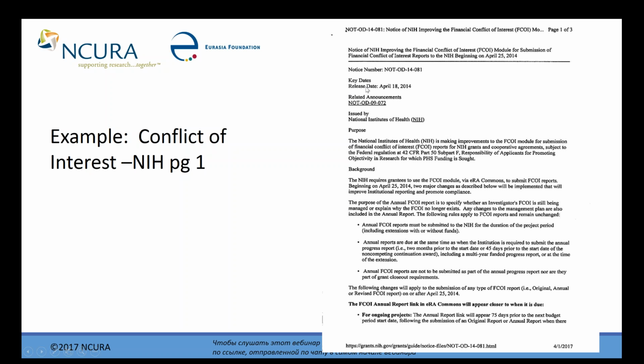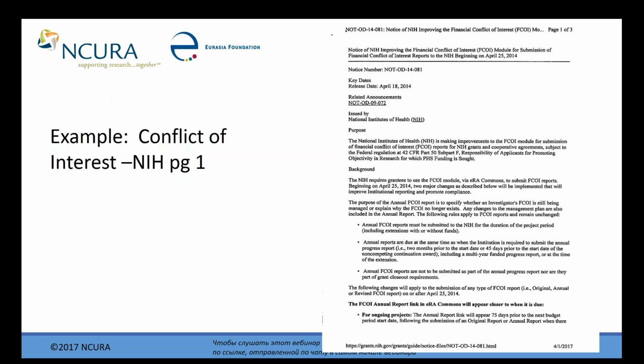You have your release date, who it is issued by, the announcement number, and then we go into the purpose, the background. Why did they have this policy? They're making improvements to the FCOI, which is the Financial Conflict of Interest module for submission of financial conflict of interest reports for NIH grants and cooperative agreements.